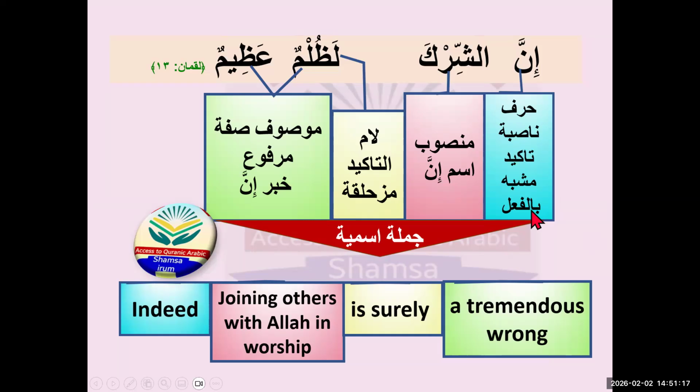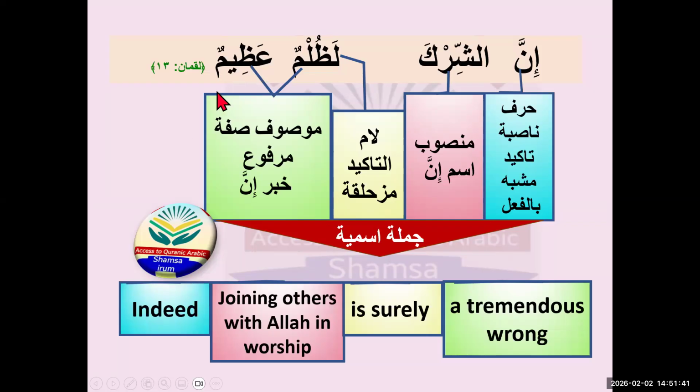If I ask you how many types of emphasis are in this part of the ayah, you have to do tadabbur, you have to think about it, and then give the answer. The first type of emphasis is the particle of emphasis, inna. The second one is lam emphasis. The third one is azim. Azim is on the pattern of fa'il.